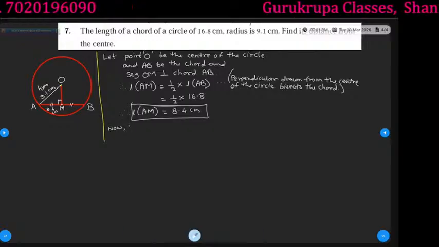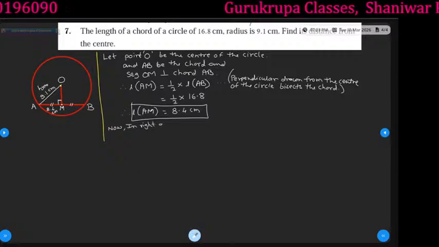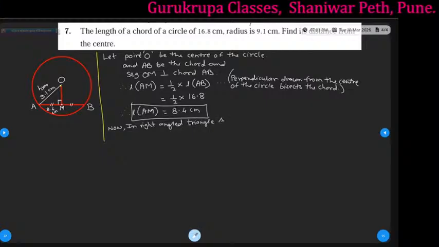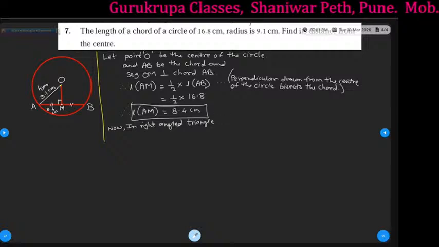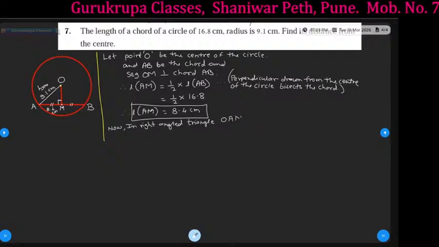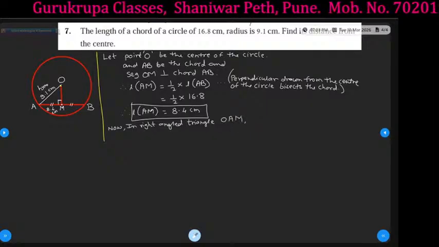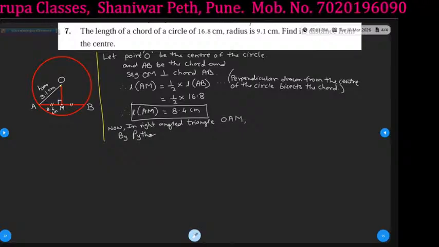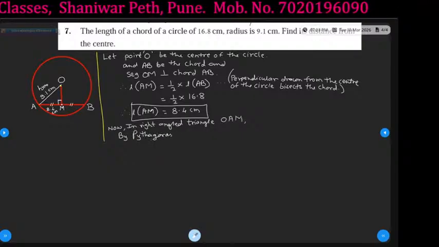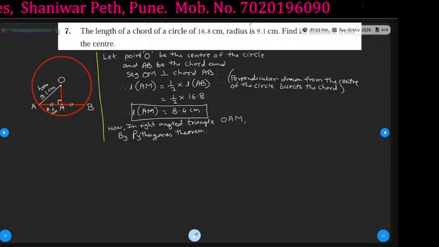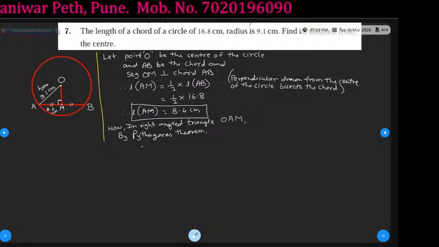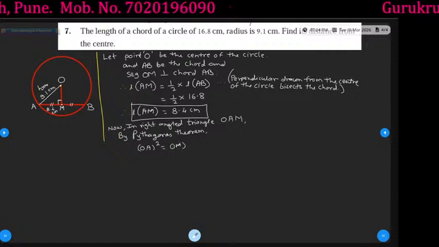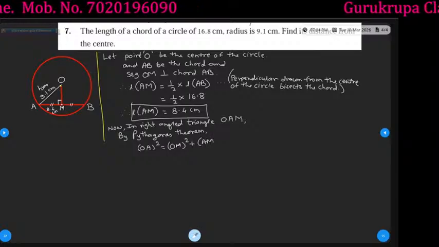Now in right angle triangle OAM, by Pythagoras theorem, hypotenuse square means OA square, which is radius, is equal to side 1 square, that is OM square, plus side 2 square, that is AM square.